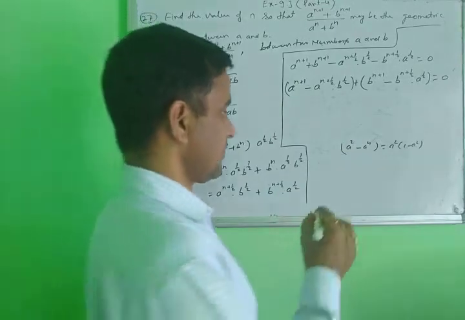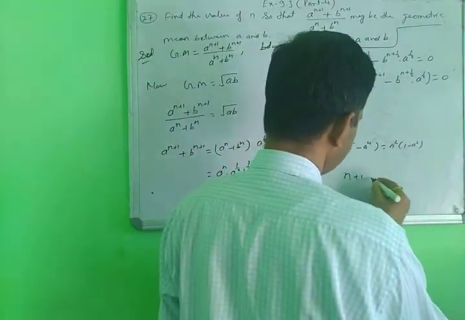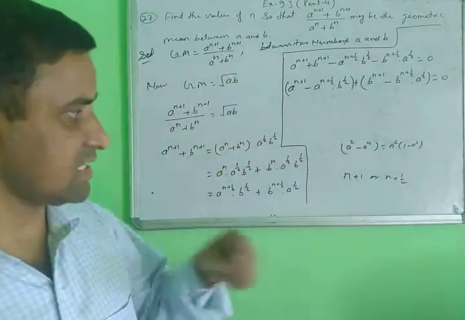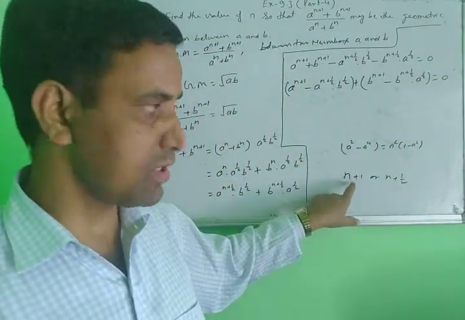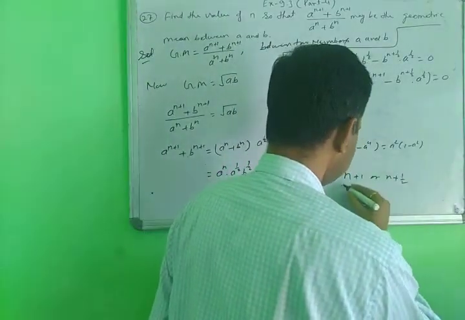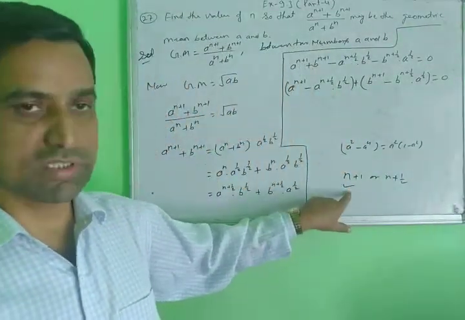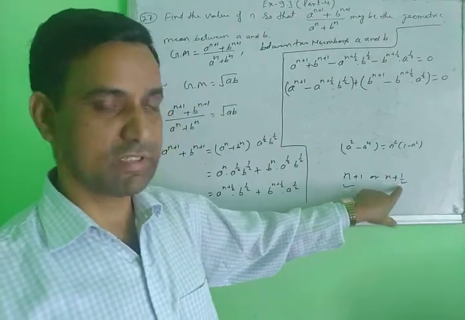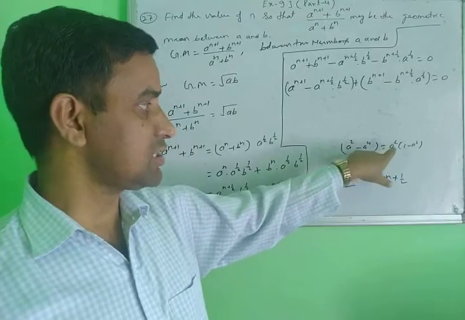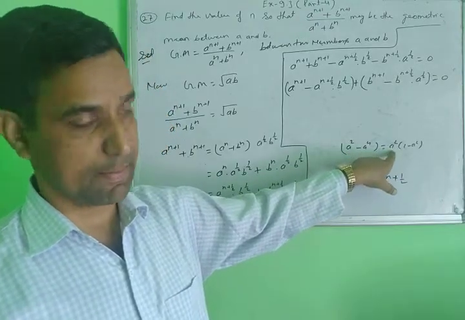The first thing, what will we get, n plus 1 or n plus half? First of all, we check which value is greater, n plus 1 or n plus 1/2. So n plus 1 is greater, and n plus half is smaller. So when you take common, take the smaller power, not the greater power.